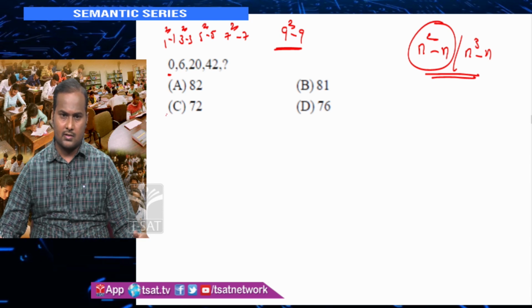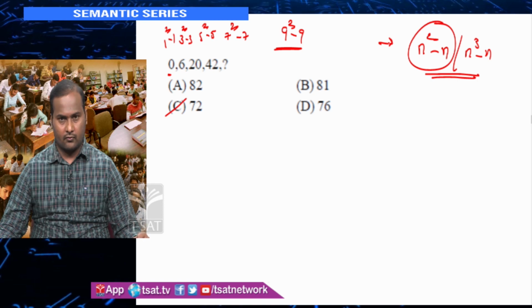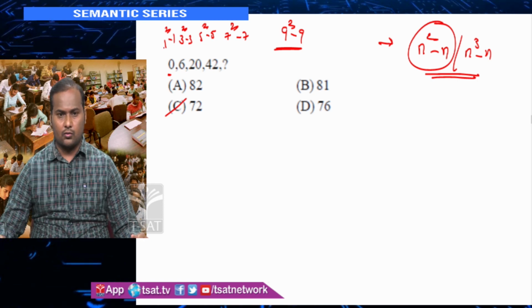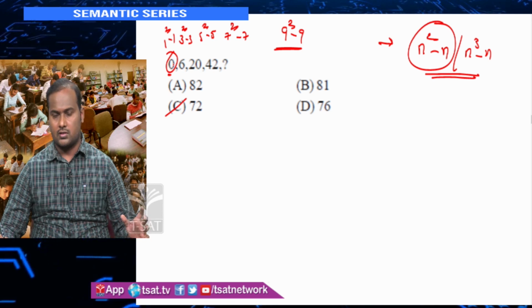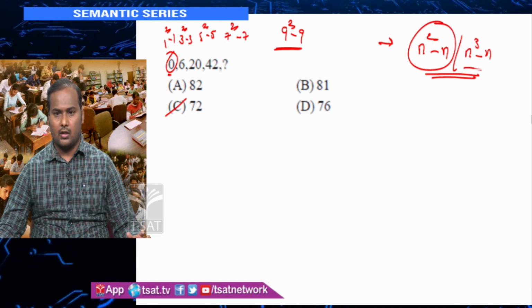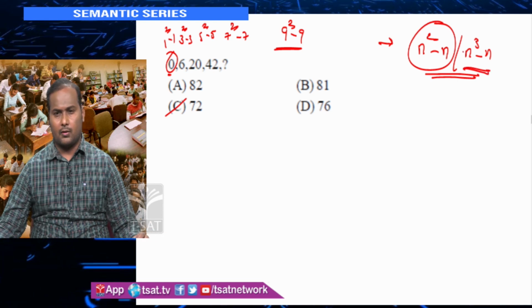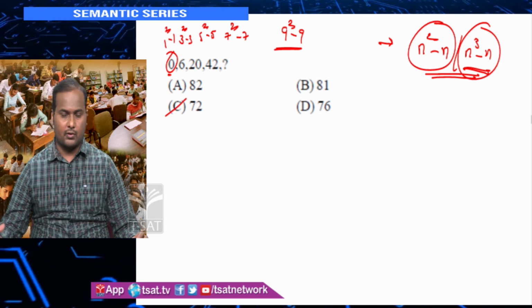So the answer is 72. So the format here is n square minus n. I already said that the clue is the first one, 0. The moment you recognize 0, the first thing that should come to your mind is that the format is either n square minus n or n cube minus n. But in n cube minus n, the difference will be very, very big numbers because they are cubes.